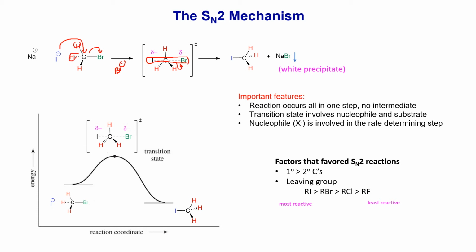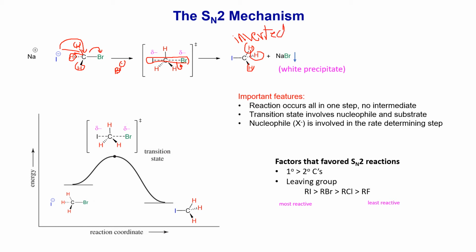The reactant and the product, the configuration is inverted. So the hydrogen is pushed from the left to the right because iodide is attacking from the back, right? It attacks from the back right here. So it kind of pushes the hydrogen to the right. So we call this inverted configuration compared to the reacting species. Okay, inverted.